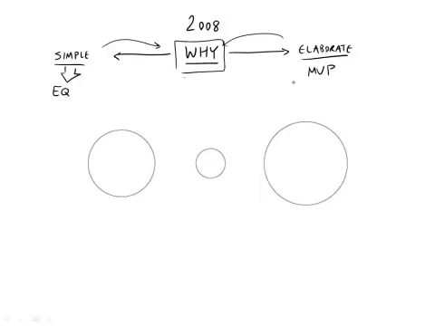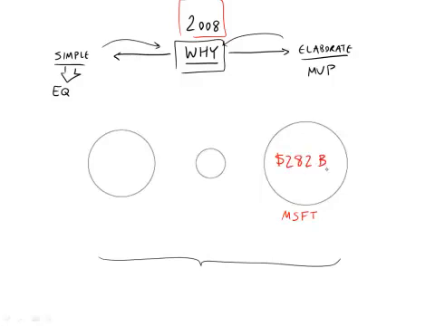So this story, back in 2008, involves, let's call it, a story of three circles. One of those circles is a company called Microsoft. Back in 2008, Microsoft had a market capitalization, the total worth of the company, of about $282 billion.